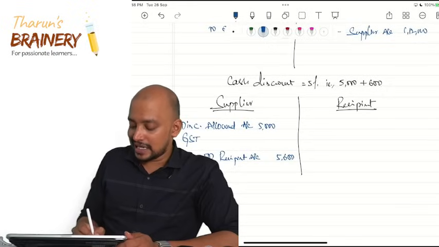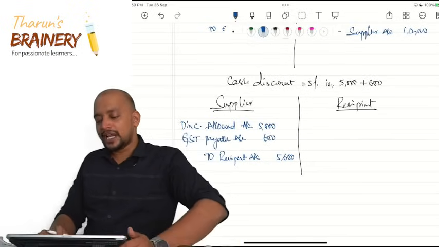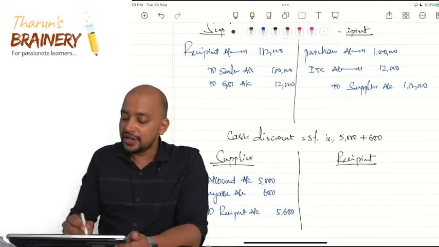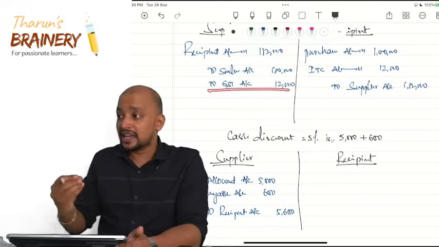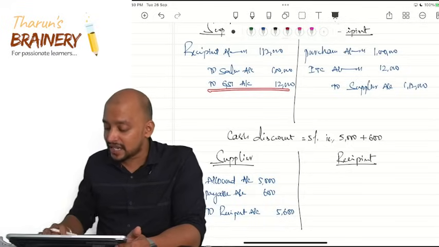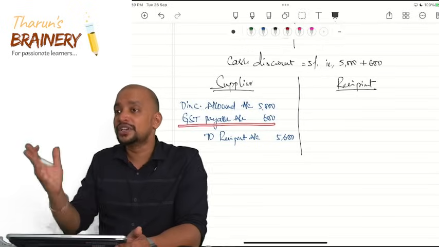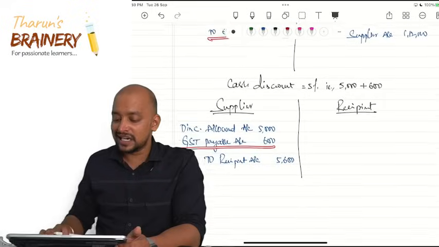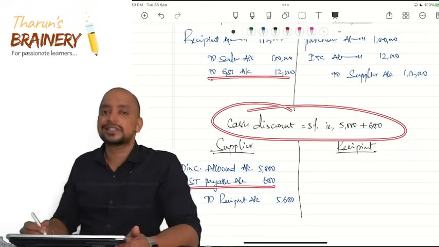GST payable account debit 600. What happens because of cash discount? GST liability shows a credit balance, it's a liability, and the moment they give a discount, the liability comes into debit, meaning there is a reduction in liability. How will this reduction in liability happen? By issuance of a credit note for this transaction.